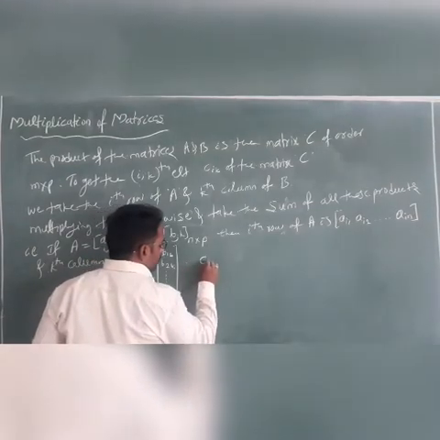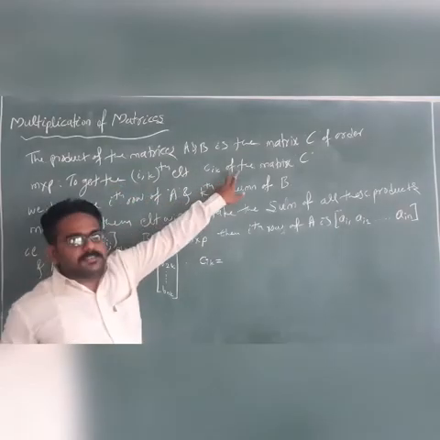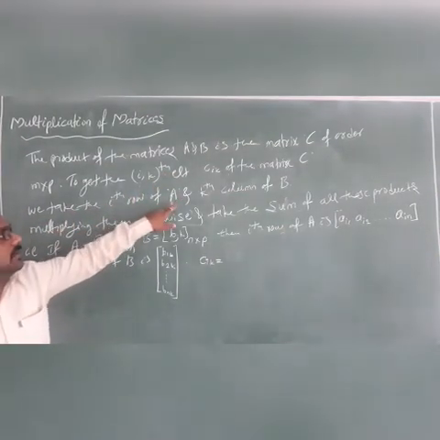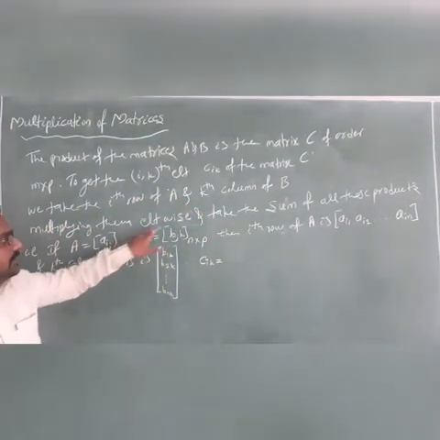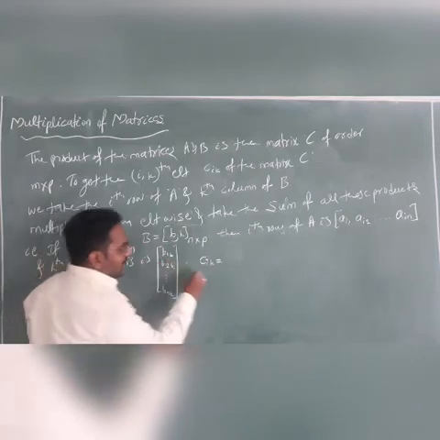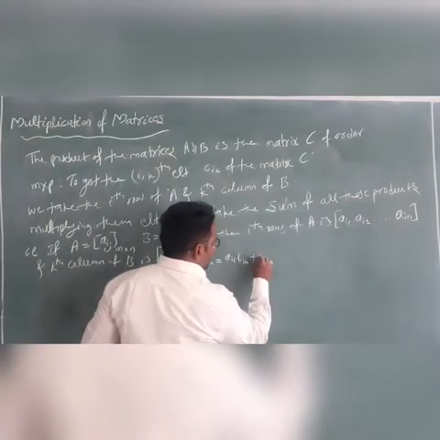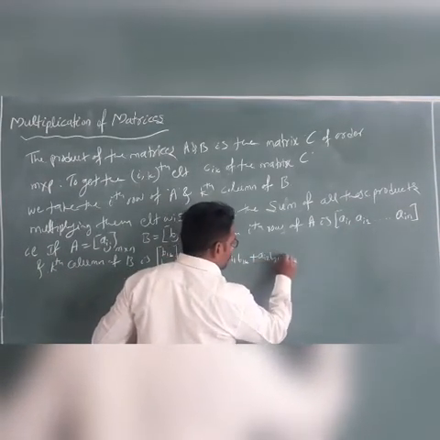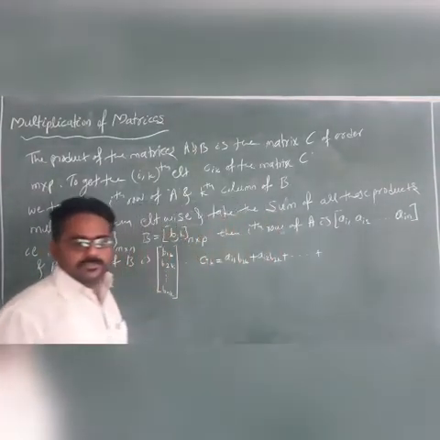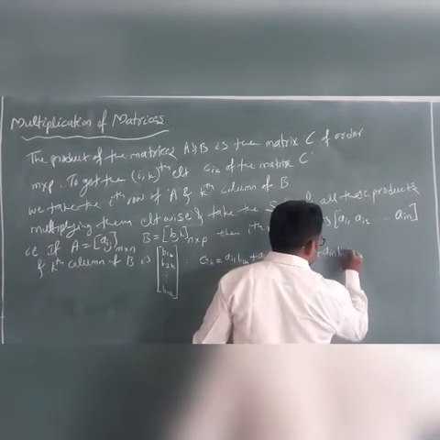Therefore Cik is an element, so the i comma kth element will depend on what? Take the ith row of A and the kth column of B, multiplying them element wise. So what we get here? Ai1 into B1k plus Ai2 into B2k plus so on up to plus Ain into Bnk.